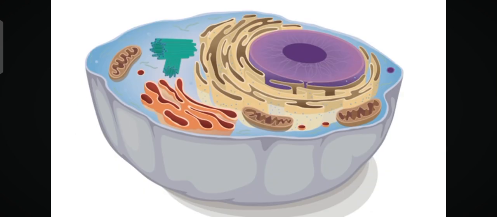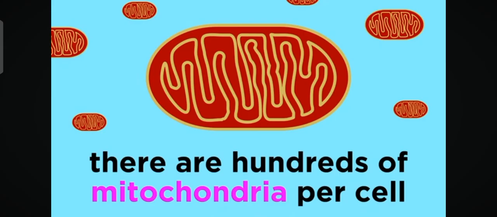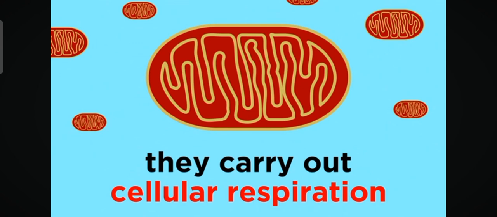There are a few organelles that are not part of the endomembrane system, and a crucial one is the mitochondrion. There are hundreds of mitochondria in most eukaryotic cells, and these are the sites that carry out cellular respiration, which generates most of the energy the cell needs to go about its business.